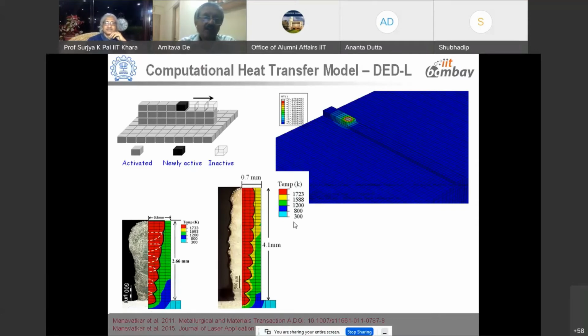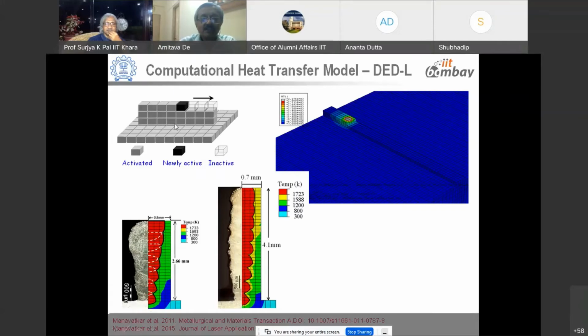Typical models, for example, have considered a directed energy deposition process with a laser beam and powder feedstock material. So imagine just a basic level model. As the beam is moving like this, in front of the beam there is nothing, but under the beam new material, new powder, is getting deposited and a new build is developed.